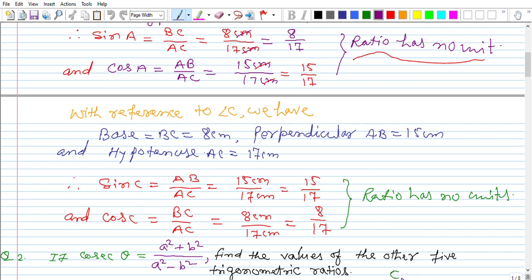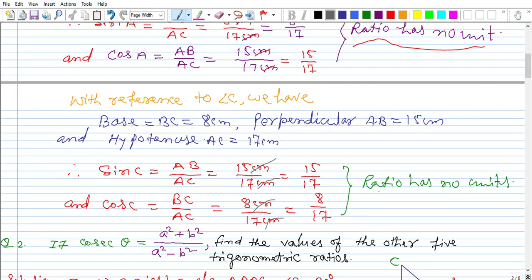So we write 15 centimeter by 17 centimeter, centimeter cancel, we get 15 by 17. And second, cos C equal to BC by AC, base by hypotenuse, equal to 8 centimeter by 17 centimeter. Centimeter cancels, then we get 8 by 17. You know, ratio has no units.